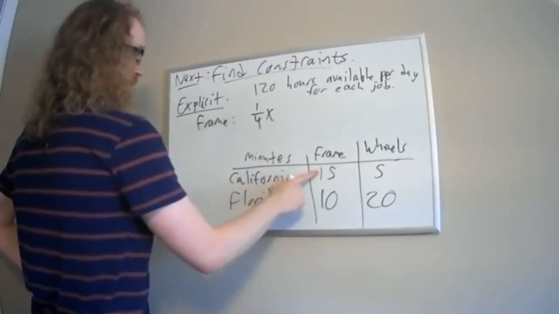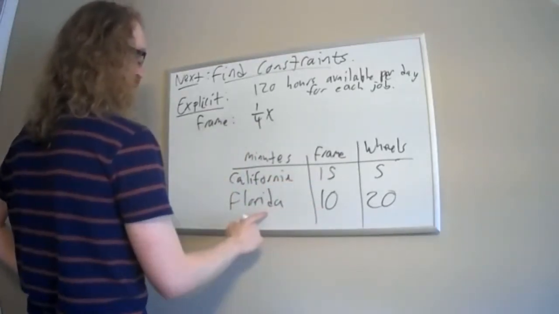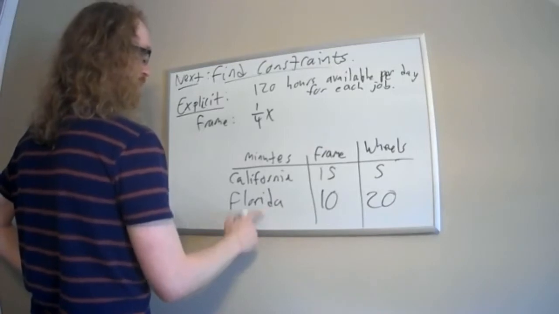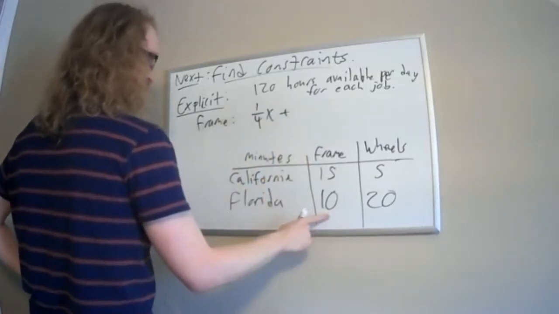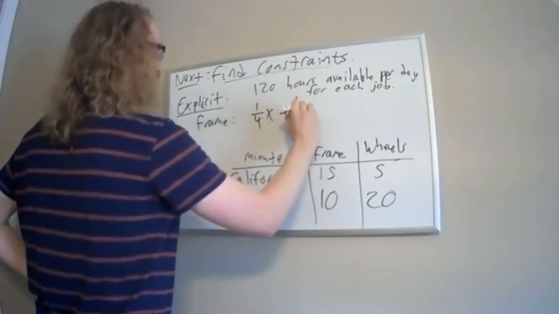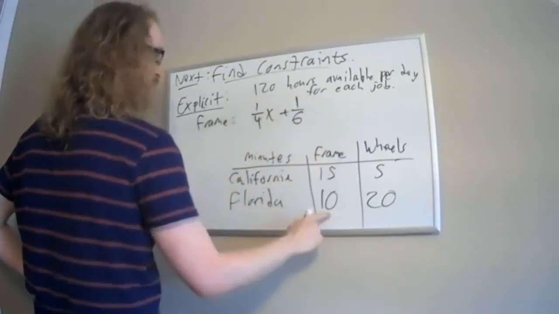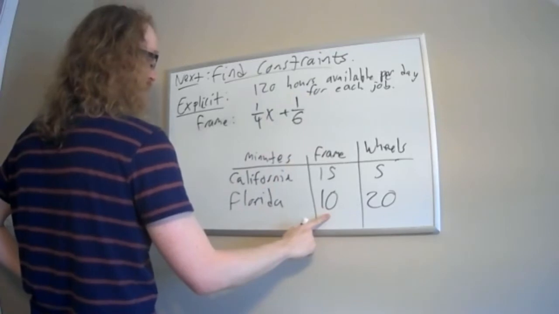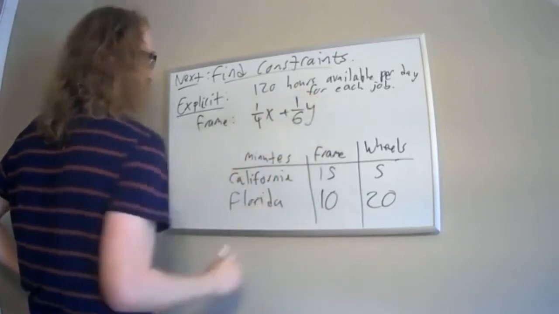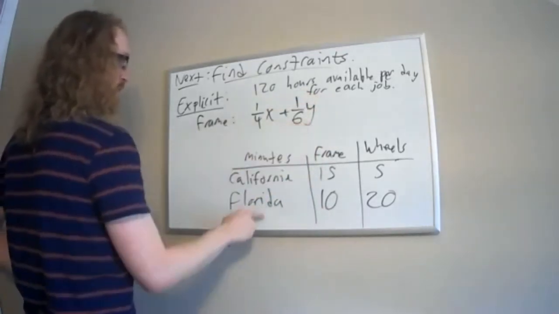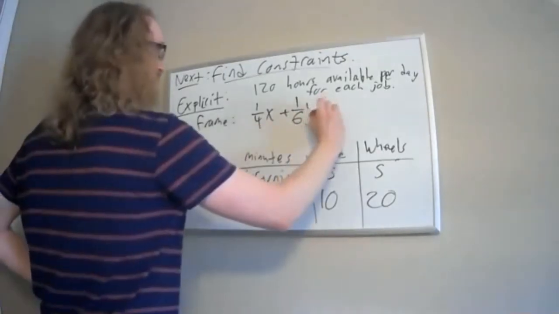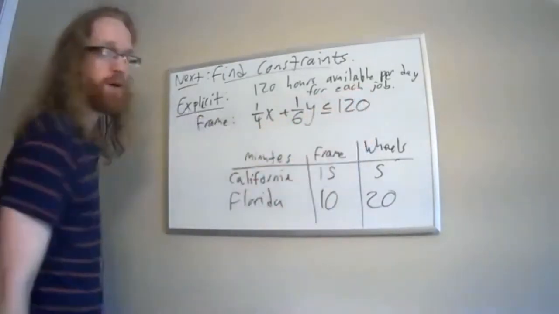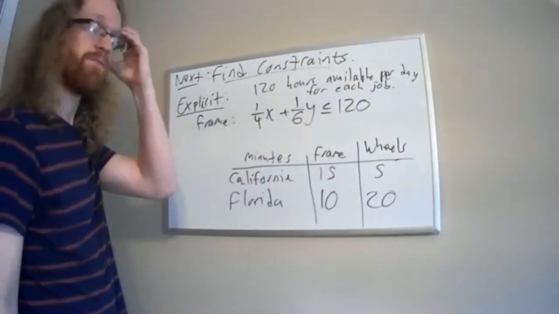And then to add to that, it takes 10 minutes to do a Florida. This is just 1/6, right? 10 minutes is 1/6 of an hour. And so Florida is represented by y, so I take 1/4 x plus 1/6 y. And then this has to be less than or equal to 120 because that's the upper limit on the amount of time I can spend.